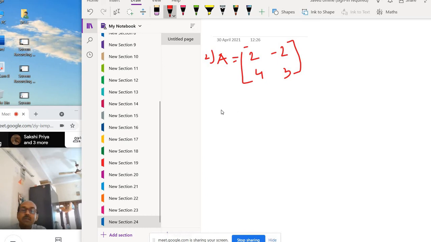So at first find the determinant value. What is the determinant value?